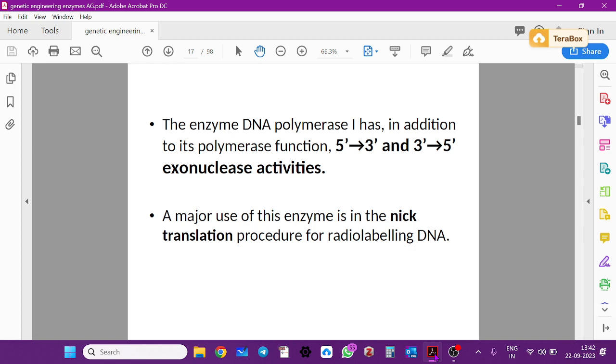It has got a 3 prime to 5 prime exonuclease plus polymerase, phosphodiesterase activity. This has also got polymerase activity. So DNA polymerase 1, this is the famous one.